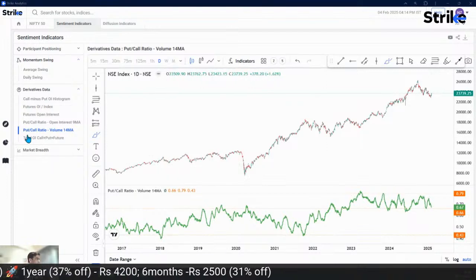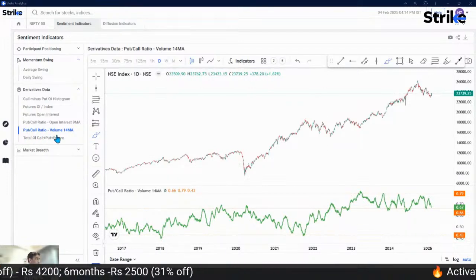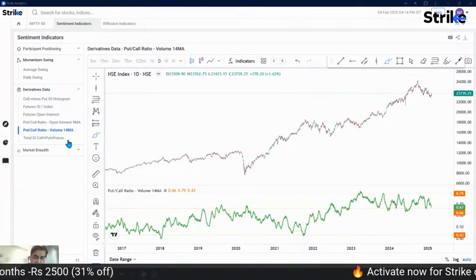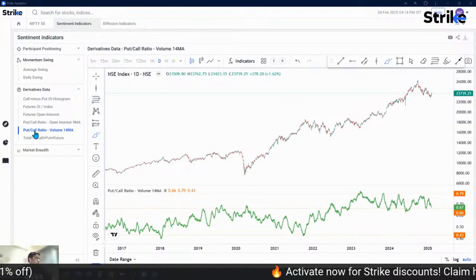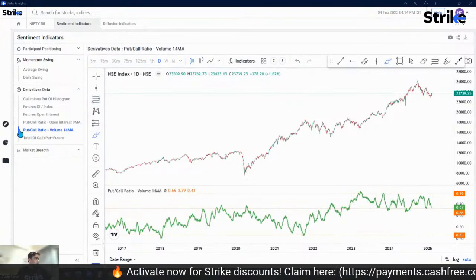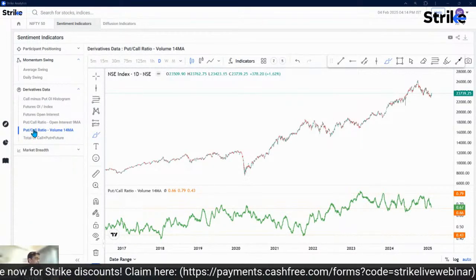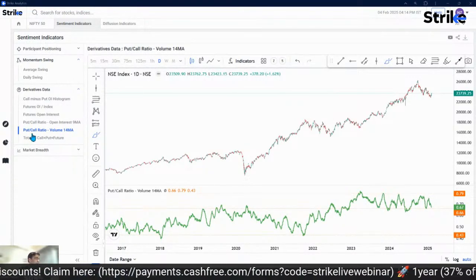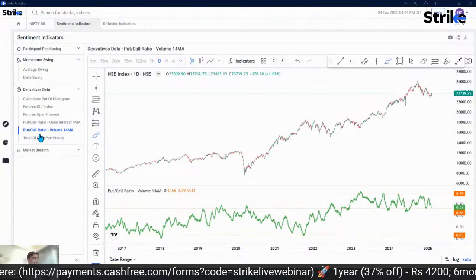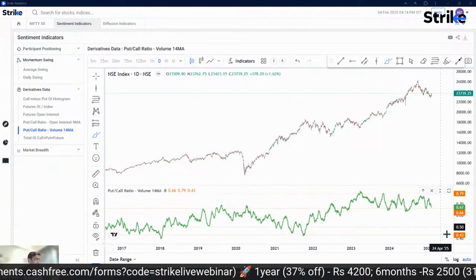All right. Put divided by call ratio. So again, look at it from a seller's point of view. Put divided by call volume. So is the volume high in call or is the volume high in put? If the denominator, that is the call volume, is greater, the reading will come down.